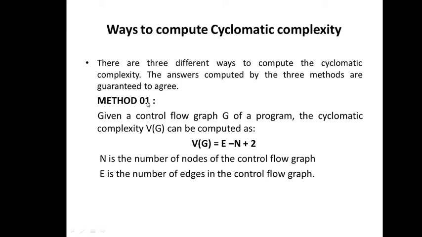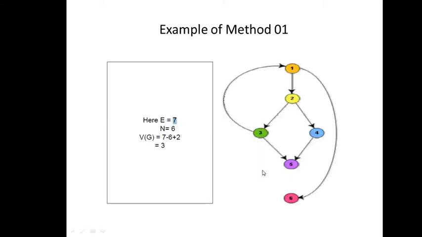The first method says, for any control flow graph, to calculate the cyclomatic complexity Vg, the expression is E minus n plus 2. E denotes the number of edges and n denotes the number of nodes. It is clear from the diagram how many edges and nodes we have.